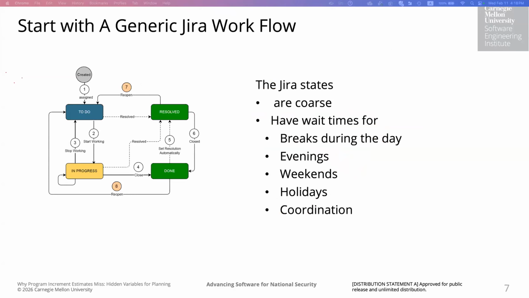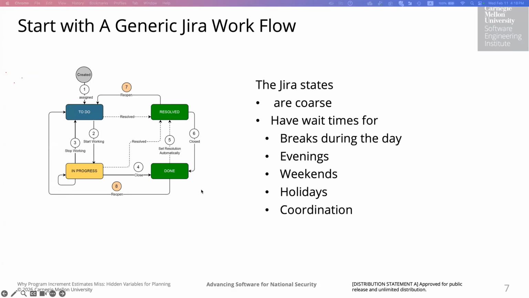So let's start with a generic workflow in Jira, right? A typical issue comes in, goes into the backlog in a to-do list, and then it goes into the in progress state, and after it is done, it goes into the done state, and after some validation, then it goes into the resolve state. Now there are obviously some back and forth, so it might be reopened and things like that.